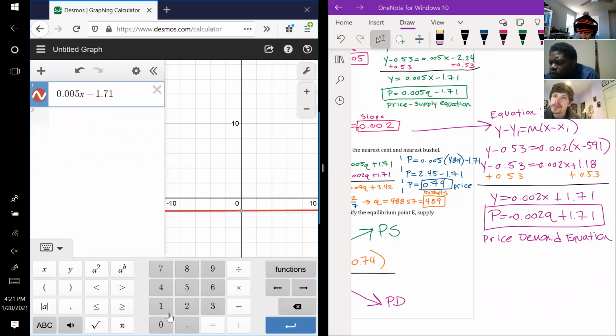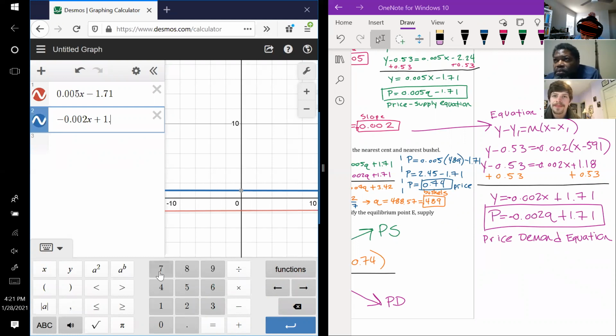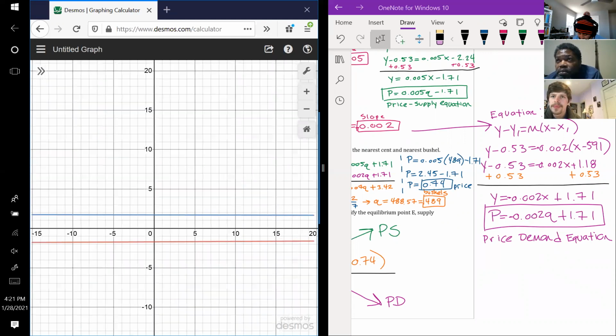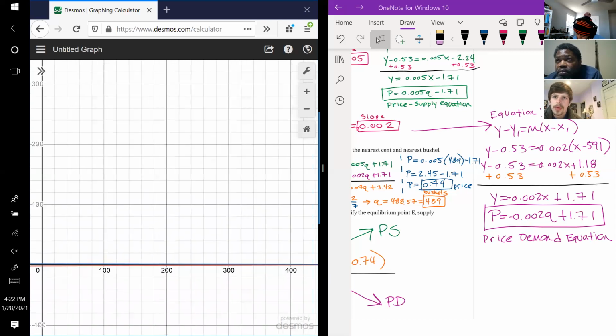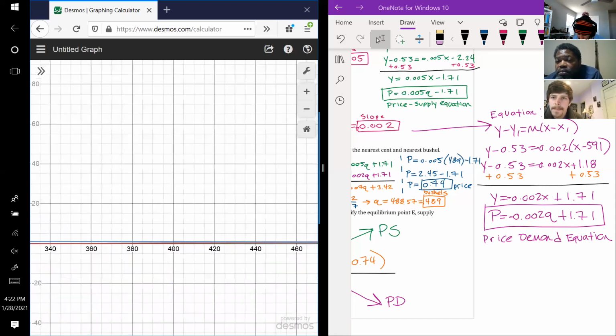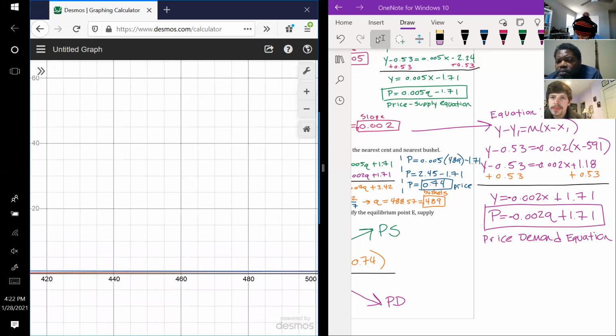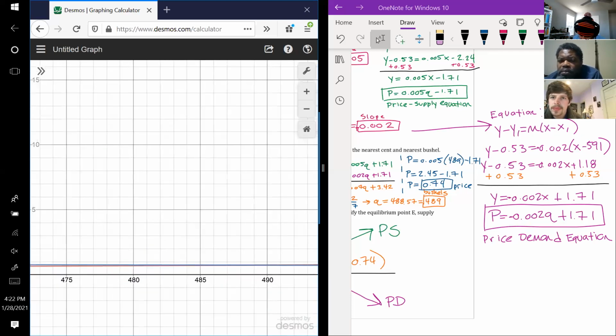And then I'll type in the other one, negative 0.002x plus 1.71. All right, and then let's see what this looks like. Where will they intersect? We said at 489. So let me look over here. Right there. There's our point that we found. 489 and 73 or 74 cents.